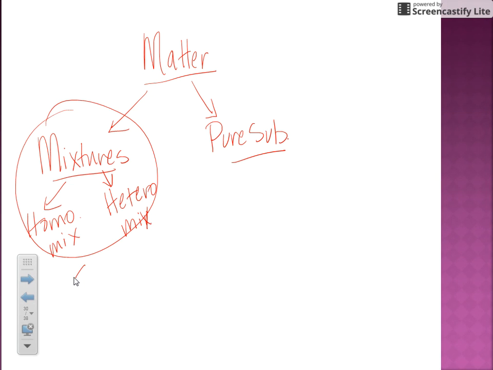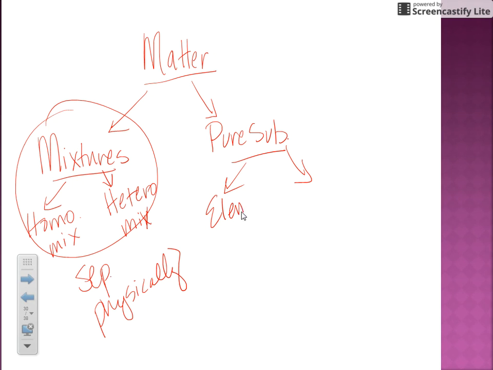Mixtures are separated physically. Pure substances can be broken down into two categories as well, elements and compounds. Elements cannot be broken down by any process, chemical or physical. Compounds can be broken down chemically.